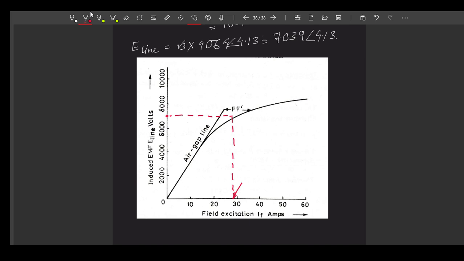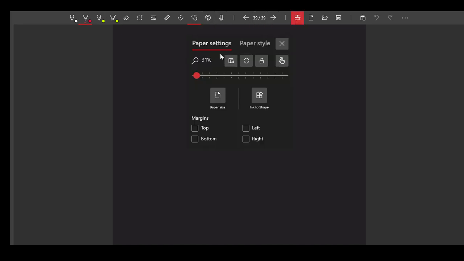So as per the book claim, it is 28.43 ampere. The amount of field current is 28.43 ampere. Now, if it is 28.43 ampere, then it is happening here.